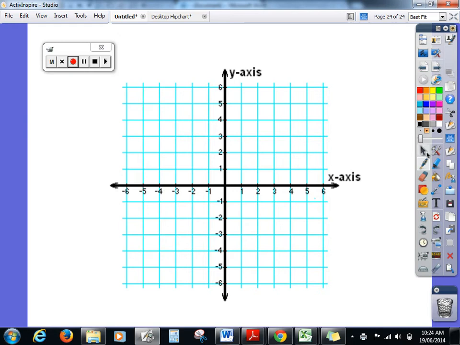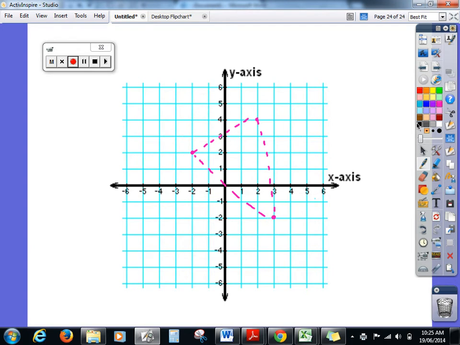If these are the 3 points of our triangle, so we have one here, one there, and one there, then we would simply find each length one after another.